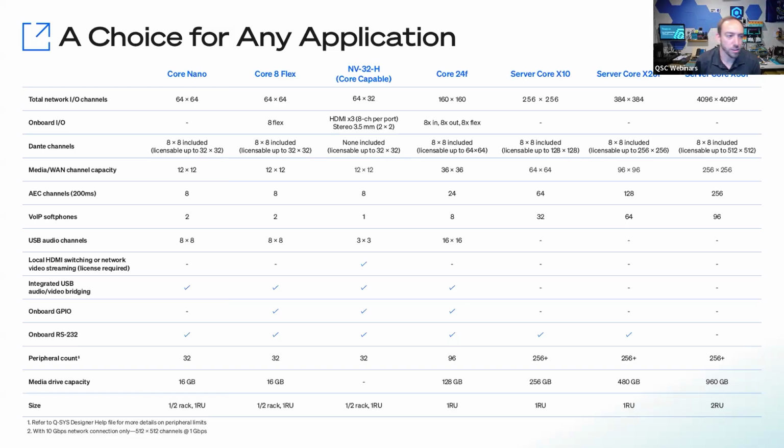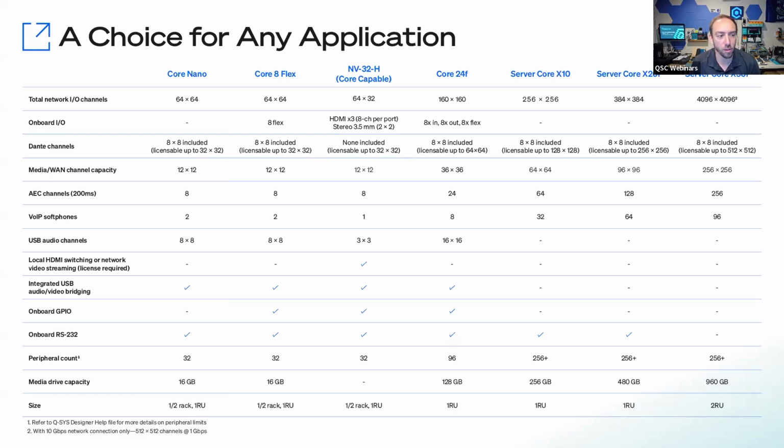But yeah, looking at the IO. So that first number, total network IO channels, we keep using that on the specifications. What that means is QLAN and AES67 audio. So that is clocked audio on the core. So if you're grabbing a QIO box that has an ML4i, for example, that consumes 4 input channels.